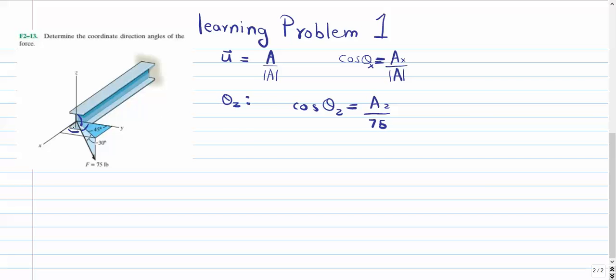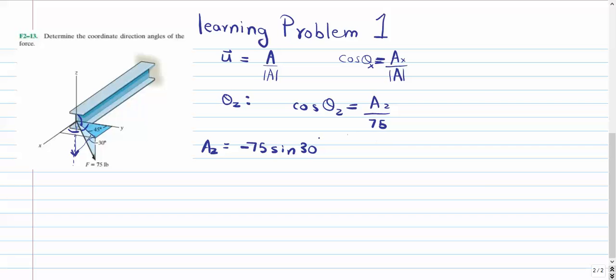So we know that this is a right triangle right here. So we can simply do 75 sine of 30 degrees, and this would be equal to AZ. But also notice that this component would be directed in the downwards direction. Since this is our triangle, our component would be in the downwards direction. So we have to put a negative sign.